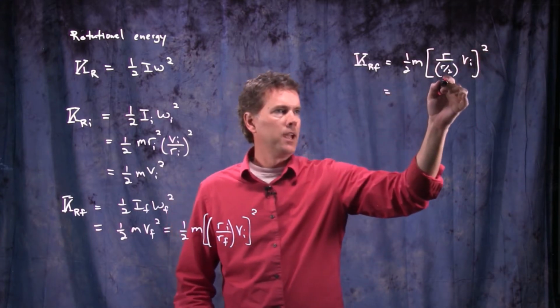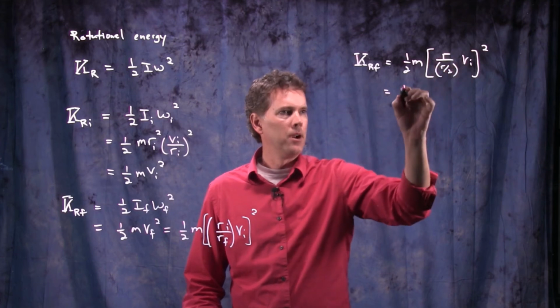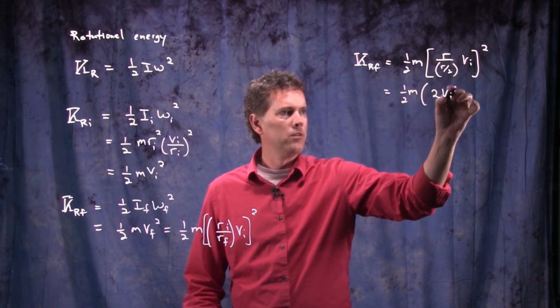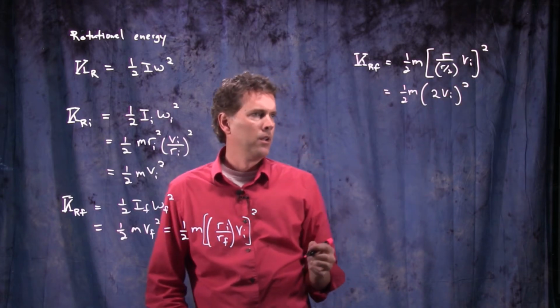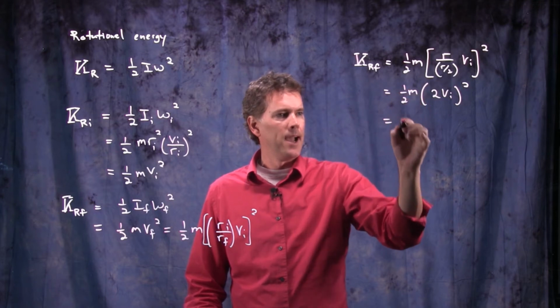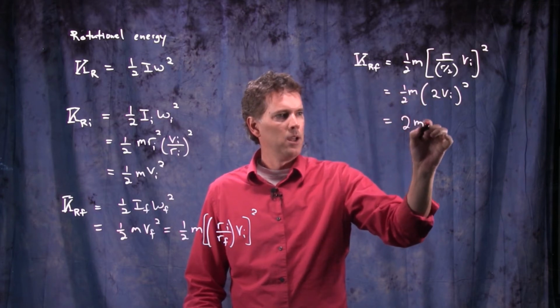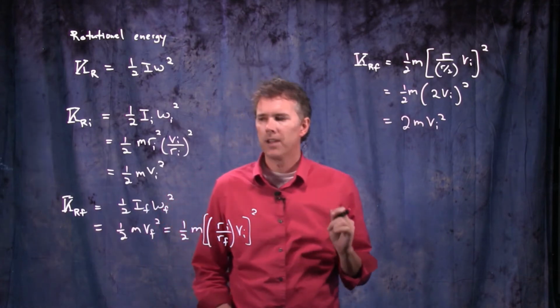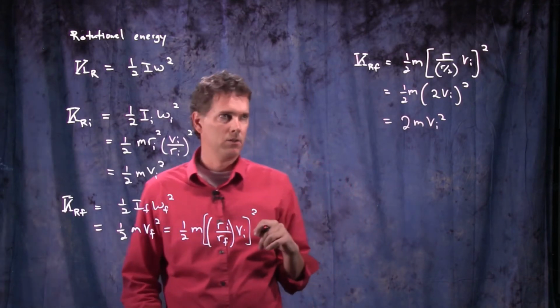The r's, of course, cancel out. We get a 2 up there, and then we square the whole thing, so we get 2 v initial squared. 2 squared is 4. When I take that 4 and multiply it by 1/2, I get 2 m v initial squared. How does that compare to the initial?